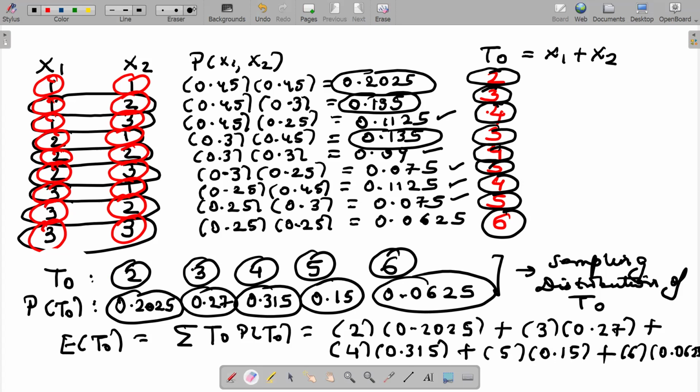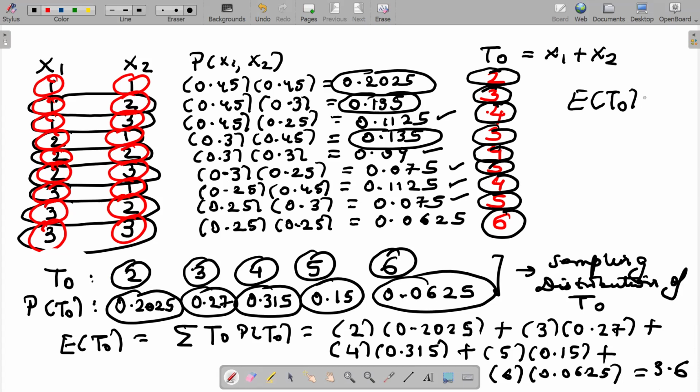It's not coming here properly, so let me write it in the next step. Plus 6 into 0.0625. Now use a calculator and students can verify that the expected value of T0 comes out as 3.6. Expected value of T0 is 3.6.